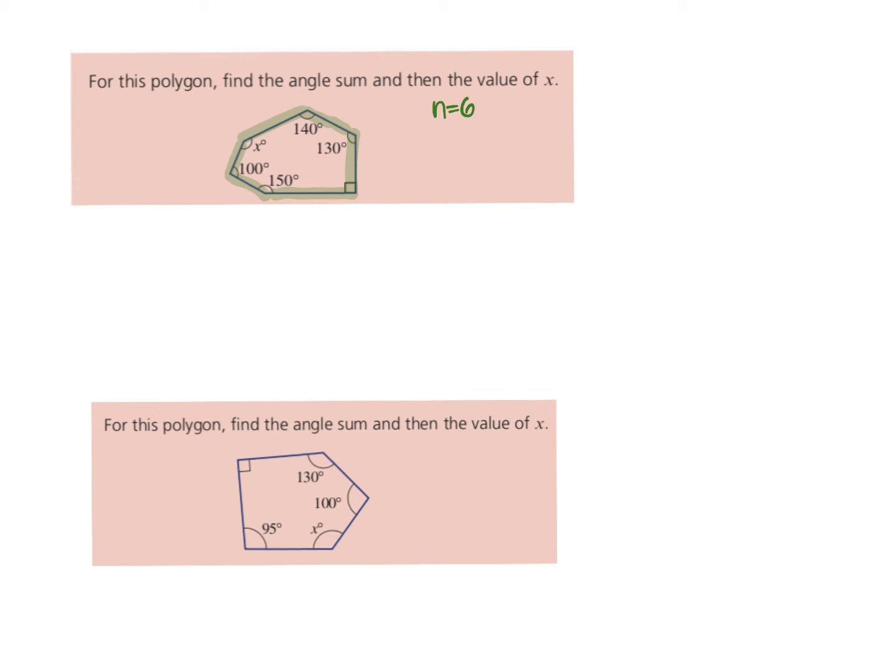And so I'm going to find out what all the angles add up to by using that formula. S equals 180 times 6 minus 2. So it's 180 times 4, so it equals 720. So all of these angles have to add up to 720.